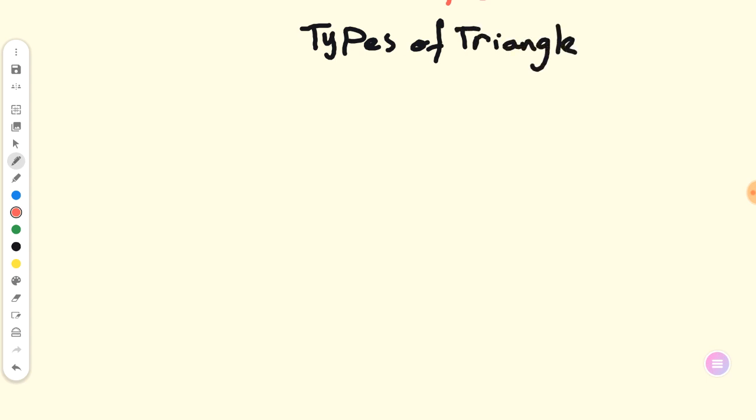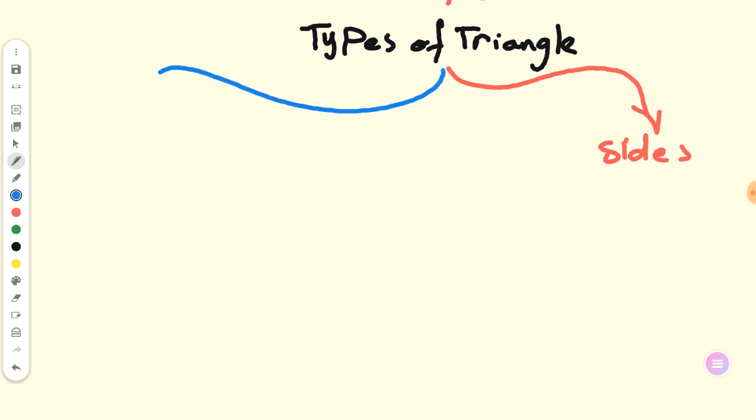One of them is by its sides, and the other is by its angles. I have 3 names from the side of the angles and 3 names from the side of the sides, okay?